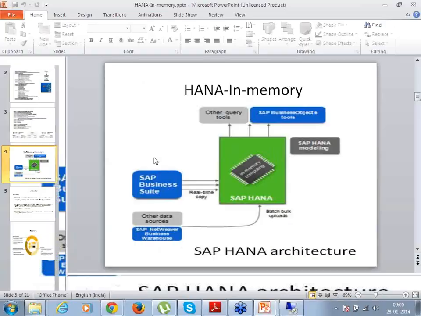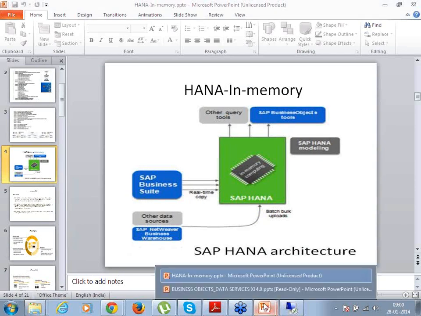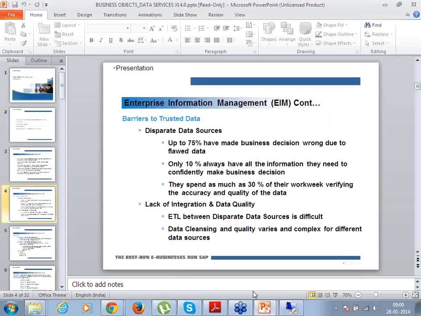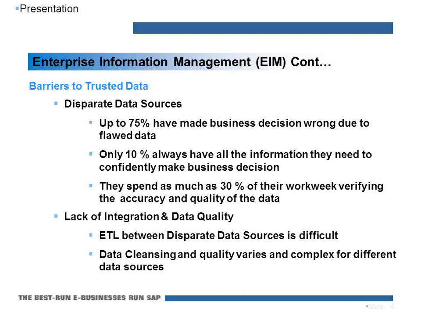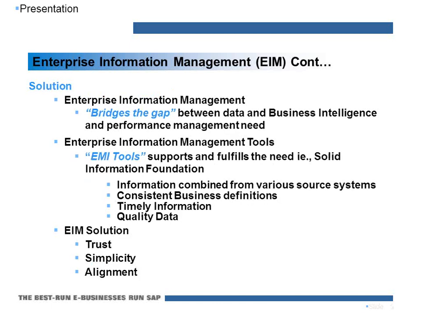Coming back to Data Services, what we will be looking at in this session is how we can connect different sources. SAP HANA is using data from multiple sources, need not always be SAP, from SAP or non-SAP, and connecting to the SAP HANA target system.